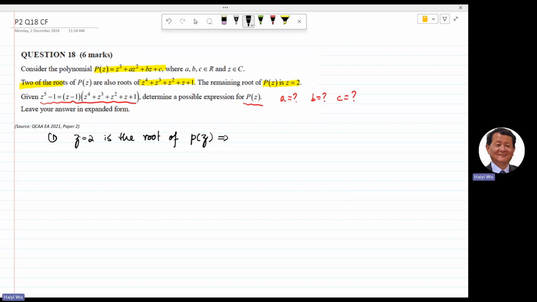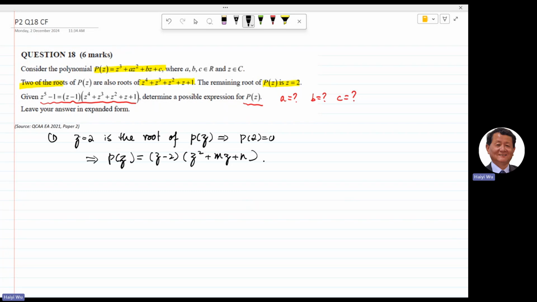So therefore, substituting 2 for z, b equals 0. This also means P(z) can be written as (z minus 2), then bracket, times another quadratic. We say the quadratic is z squared plus mz plus n.